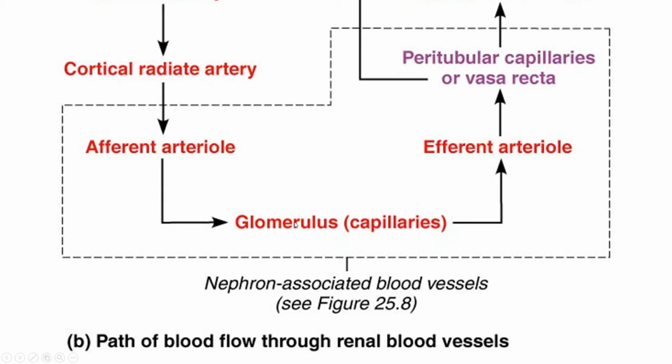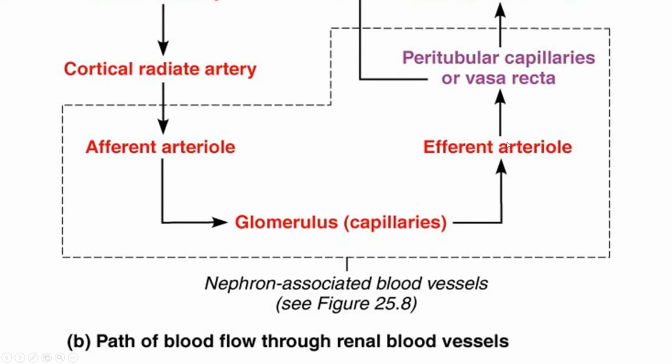And the glomerulus and its capillaries are a part of the renal corpuscle. And of course, the renal corpuscle is going to be where you have filtration occur. And this capillary is going to drain into an efferent arteriole. And this efferent arteriole is going to feed into the second capillary bed, which would be the peritubular capillaries, which is a network or plexus that's going to surround the distal and proximal tubules.